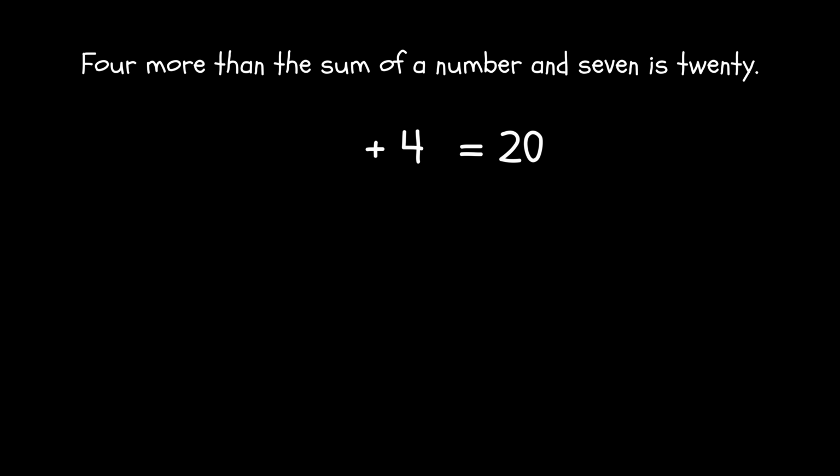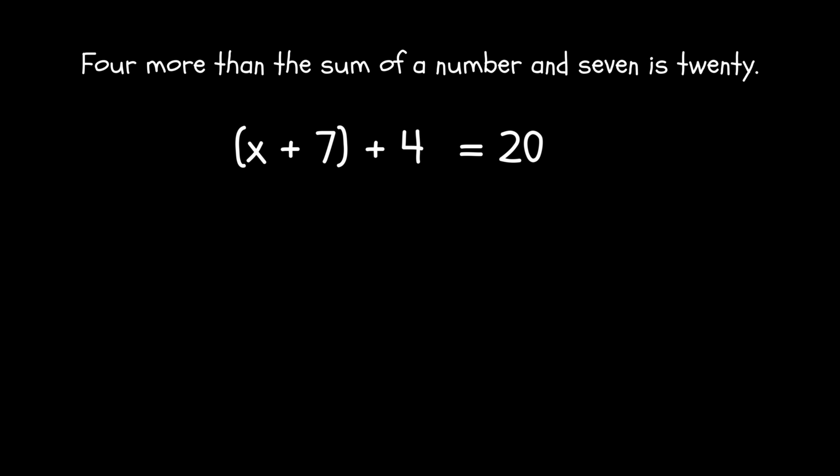Now, the sum of a number and 7. So we have a number, and we're also adding 7: x plus 7, but we are putting this in parentheses so that we can separate it from the plus 4.